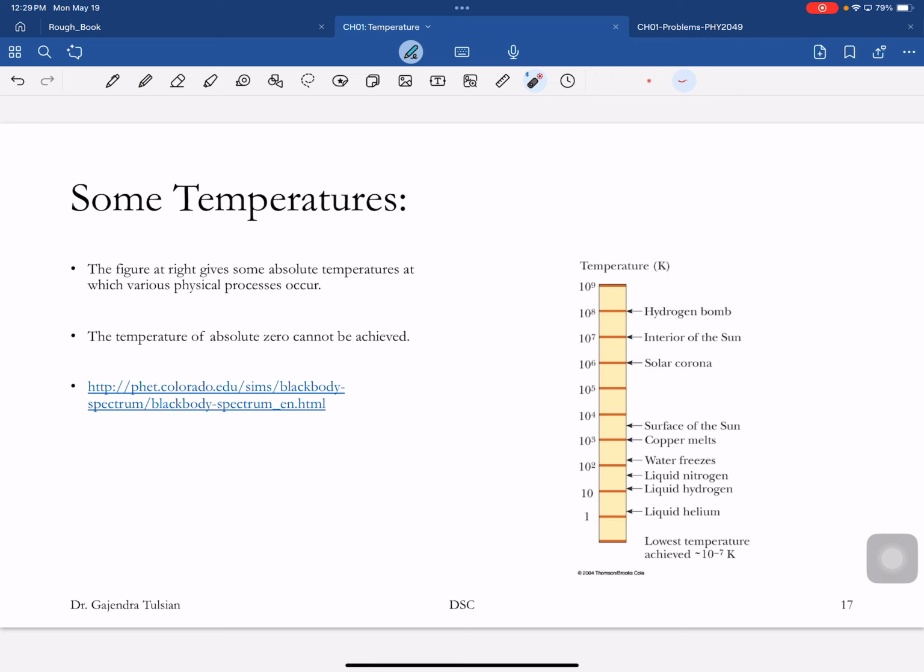So here are some temperatures we measured. By the way, the temperature in the interior of the sun is about 15.6 million degrees Kelvin.